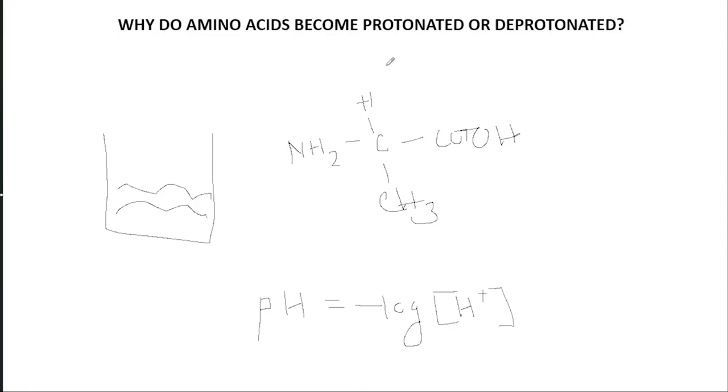So because there is a minus of the H plus concentration in a logarithmic scale, it means that when the solution has a lot of H plus, the pH is actually lesser. And when the H plus concentration or the proton concentration decreases, inversely, the pH will increase.